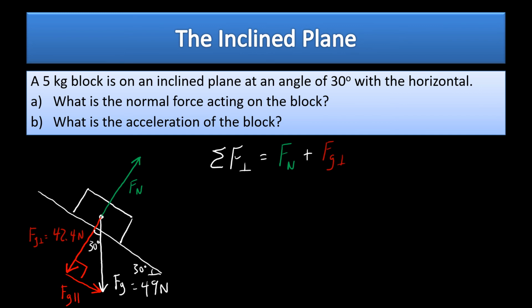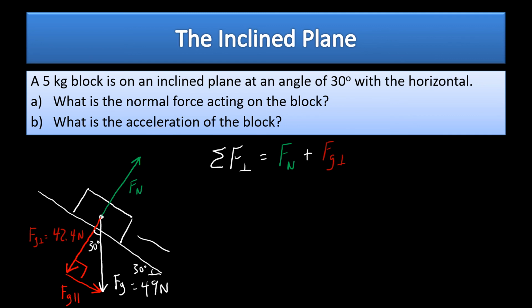And I decided to do plus this time as opposed to making it minus, because I know that they're in opposing directions, but I'm just going to remember that I'll show that opposing direction by making this negative when I plug it in my equation. So let's think about what we know now. The block, again, I said this before, is not accelerating in the perpendicular direction.